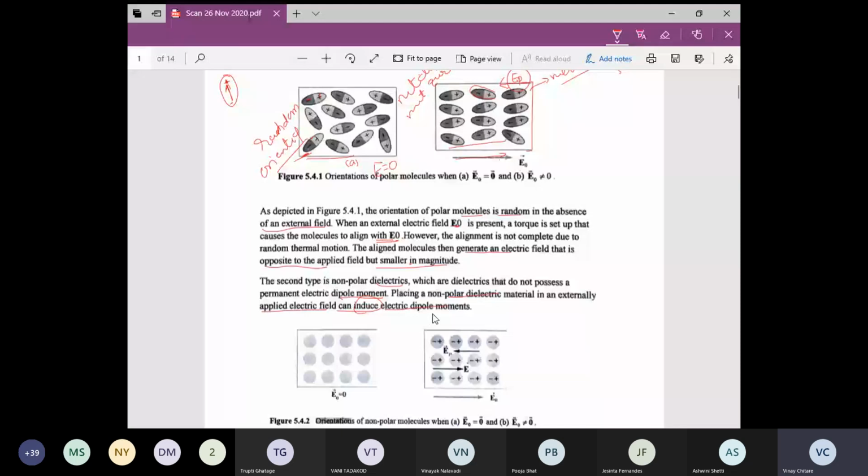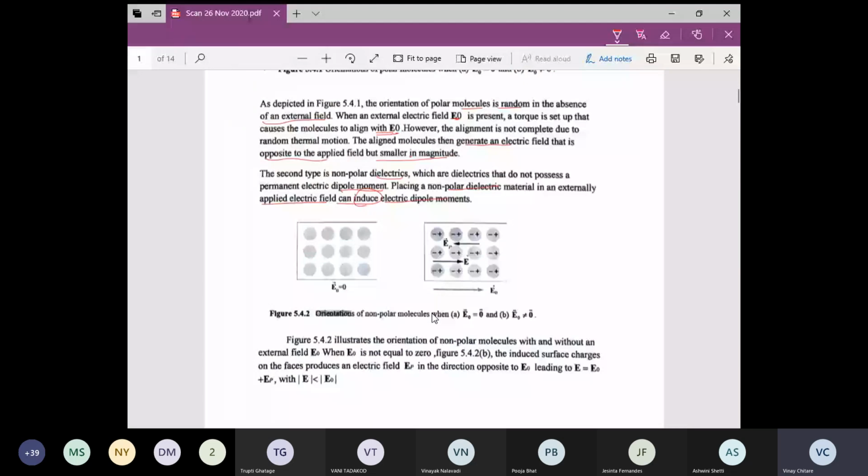Initially it does not have any dipole, but when you apply an electric field, it induces a dipole moment. This produces an electric field due to the polarization, and together with the applied electric field, the difference gives a net electric field inside the dielectric.